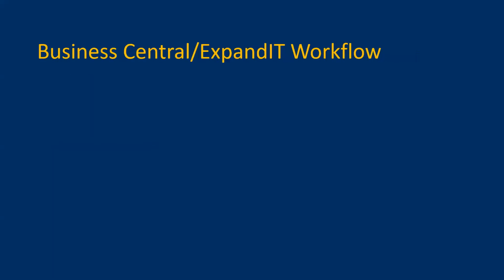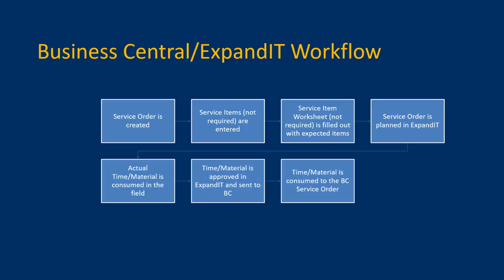So, the Business Central, ExpandIT workflow. Basically you have a service order that's created. Then you can add your service items. Again, not required. Service item worksheet can be filled out with the expected items. Again, not required. All that data is then pulled from Business Central into ExpandIT.